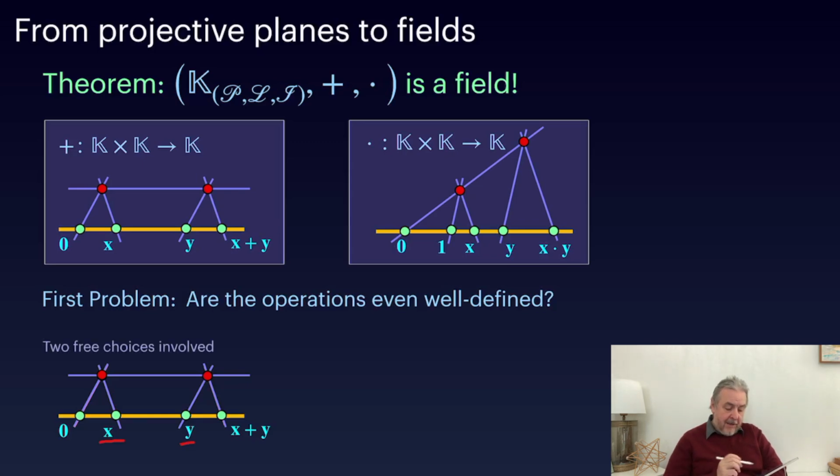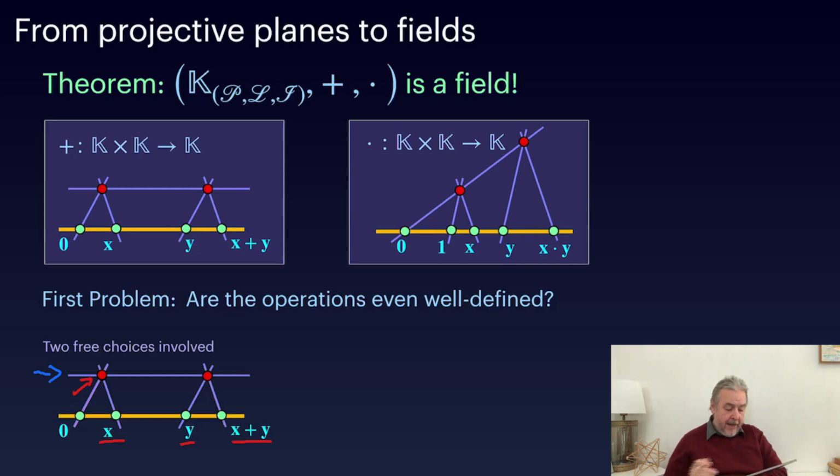I had two free choices that were involved in the construction of x plus y. One of the free choices was which line do I take here, and the second choice was which point on that line do I take here. So does this matter or doesn't it matter?